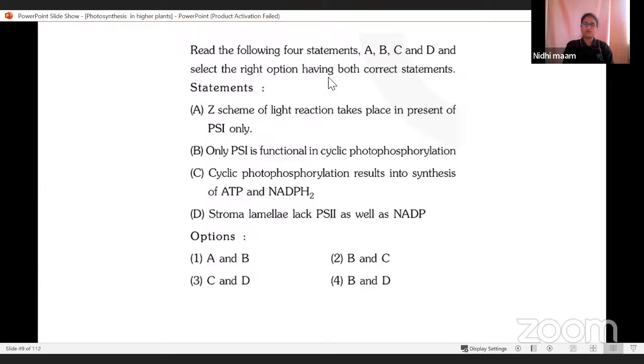Yes, the quick response is given by Shashank. Fine, Bhuvan answered it. Okay, Pavitra answered it. Fine.